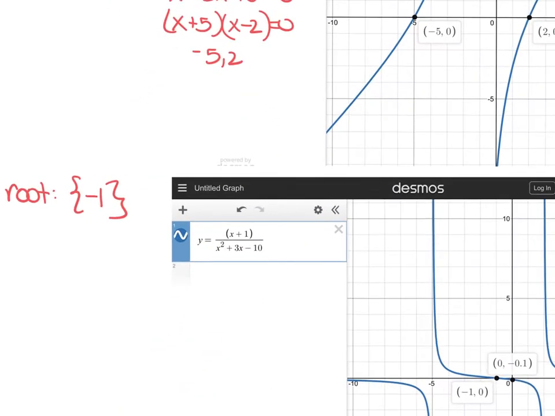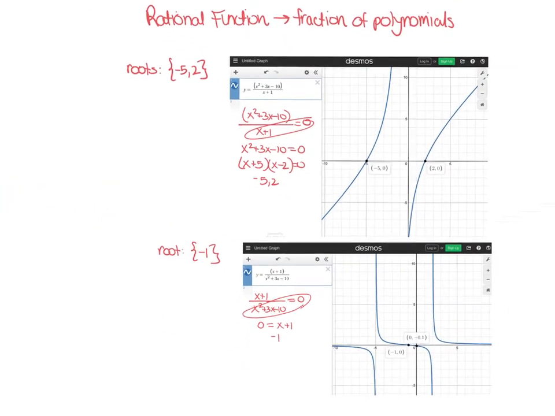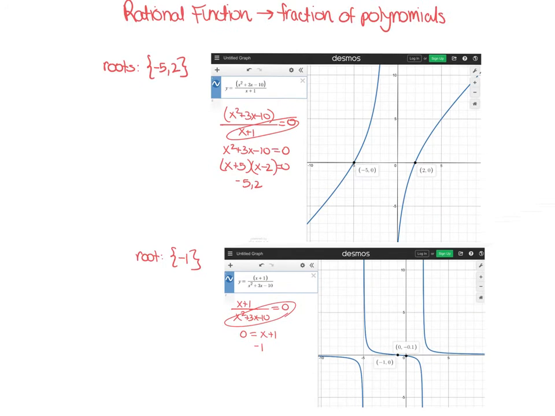Let's look down here. If we set this one equal to 0, and solve, I cross multiply. 0 times anything is 0. And notice your only solution here is -1. So the shortcut here for finding roots of a rational function is just setting your numerator equal to 0.